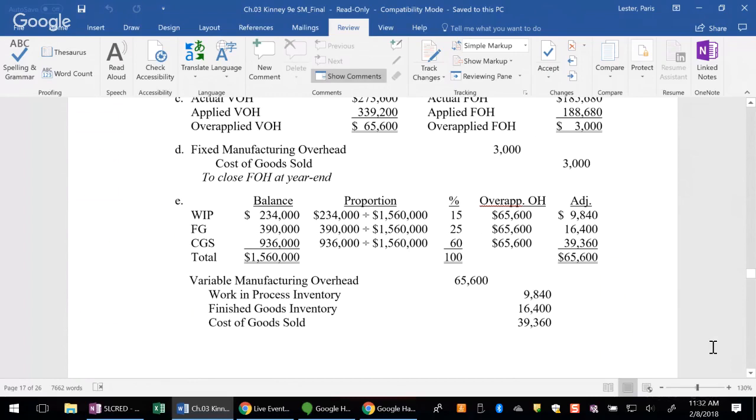Now, the first problem will not have this. No, the first problem is just buying materials, issuing materials, putting labor in work in process, and work in process to finished goods. But you will have this in another problem.